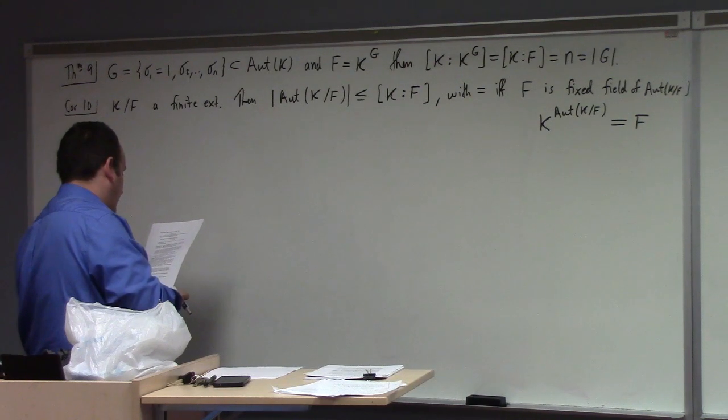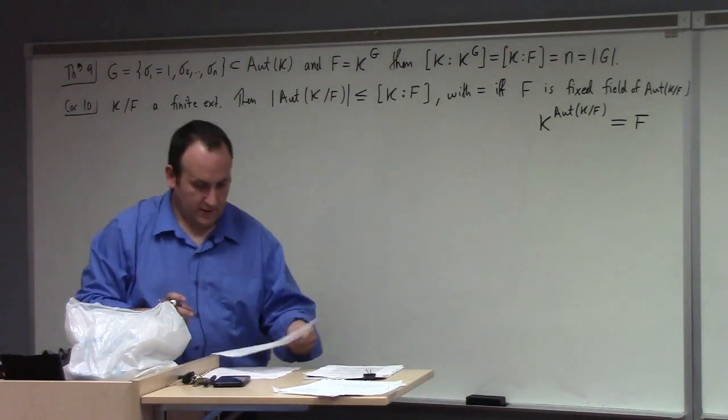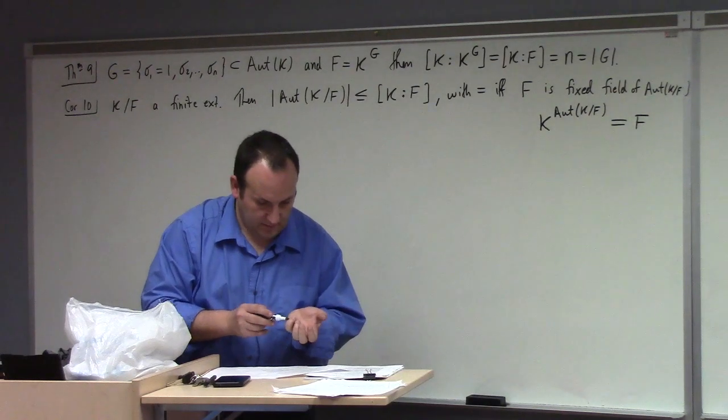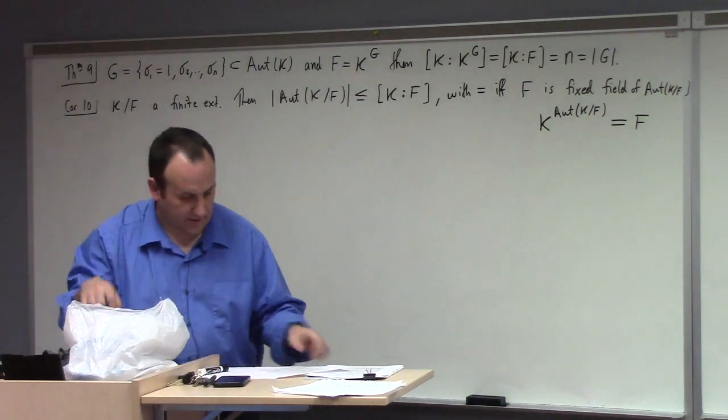Put another way, K over F is Galois if and only if F is the fixed field of Aut K over F. All right. I think we can look at the proof of Corollary 10. That one's not too bad. Let's try to look at it.